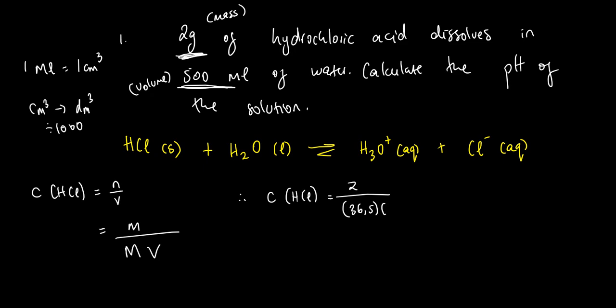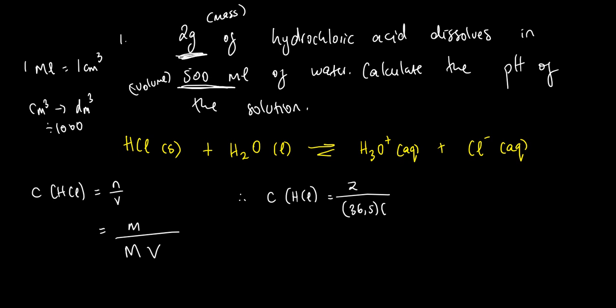So being given milliliter is the same as being given centimeter cubed. So therefore you just need to divide that number by 1,000. I repeat again, if you are given milliliter, that is the same as being given centimeter cubed, so you need to make sure that you convert it to decimeter cubed and divide by 1,000.